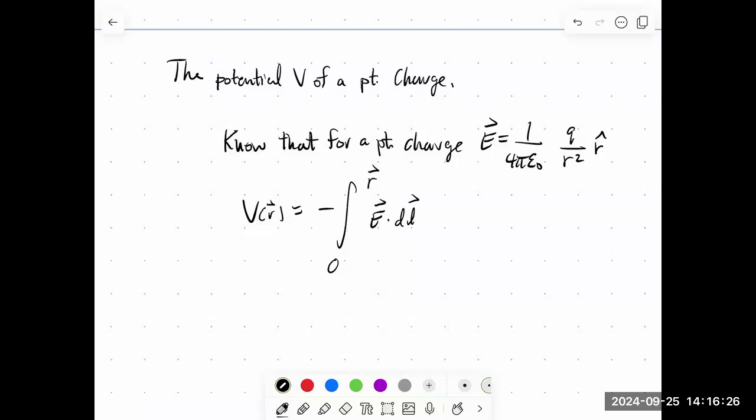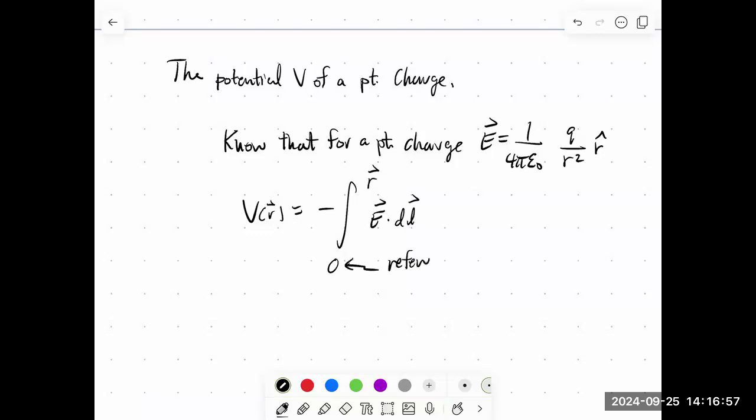There's a limitation, we can't always do that. If you had an infinite sheet of charge, even if you go out to infinity, the sheet is still around you, so it doesn't make sense in that case to say the potential is 0 at infinity. But when you're talking about finite charge distributions or point charges, this is a good convention to adopt.